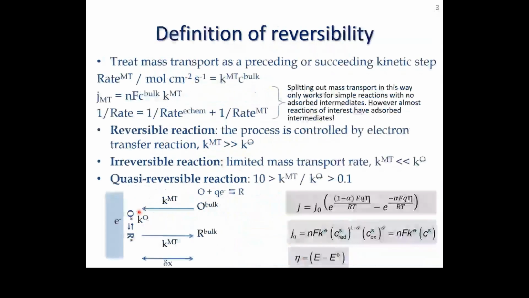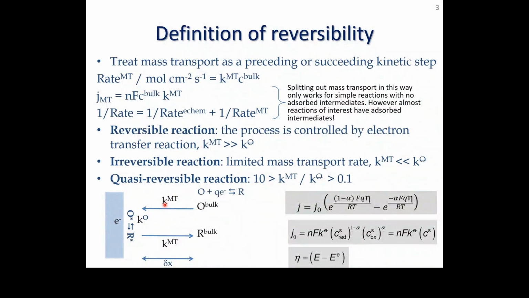Okay, so this slide is a pretty busy one, but really it's just all about trying to discuss the fact that when we have an electrochemical process, typically we might have an oxidant in the bulk, which actually has to get transported to the electrode surface. Here's our electrode surface here, and it will get transferred by a mass transport process. That's this process here.